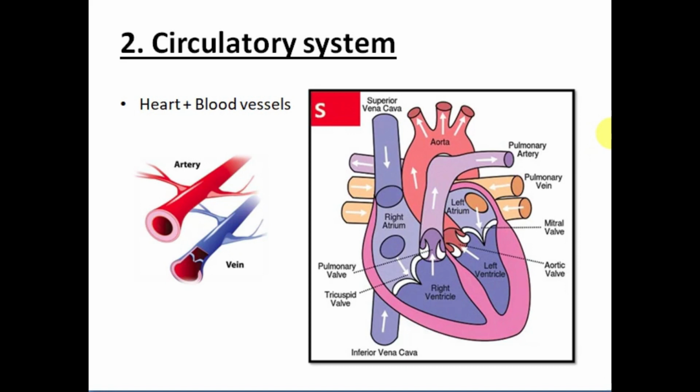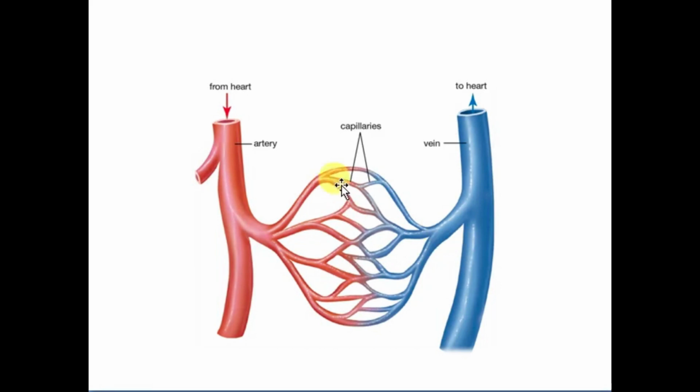The carbon dioxide is exchanged with the oxygen with the help of lungs, and then that oxygenated blood is transferred to different parts of the body. Then we have capillaries. Capillaries transfer to minute places where arteries and veins cannot reach. So to those places, capillaries help in the transfer.